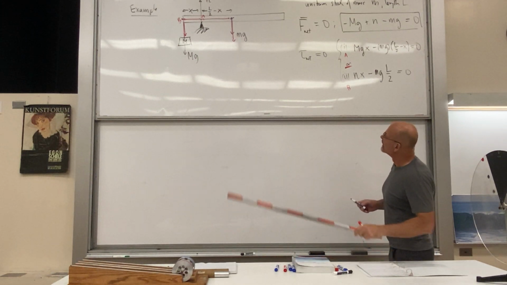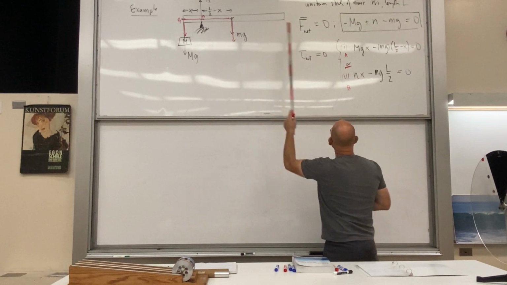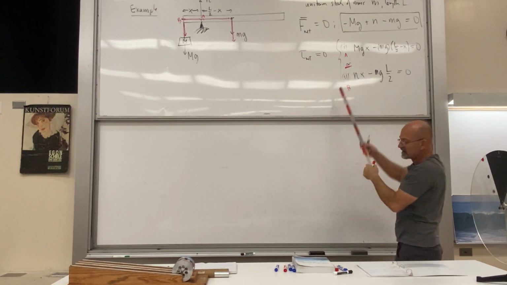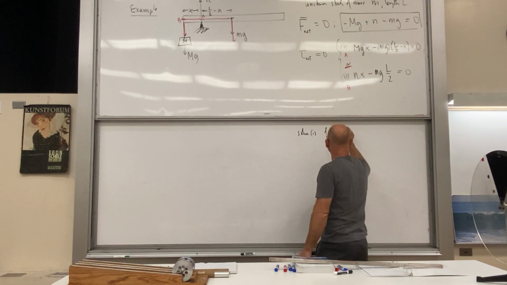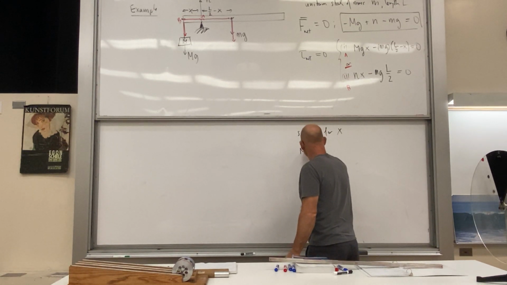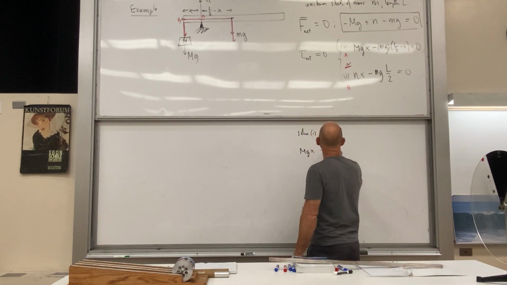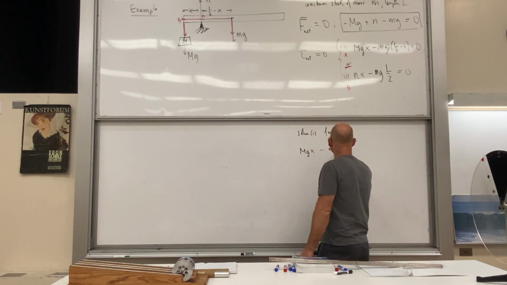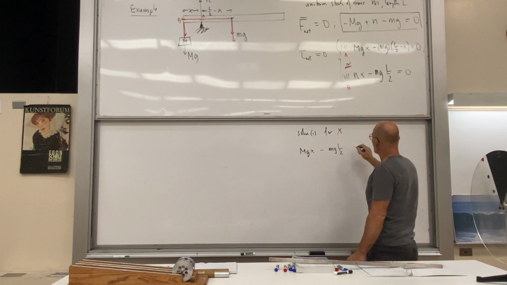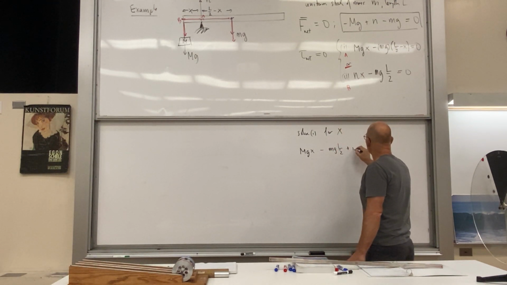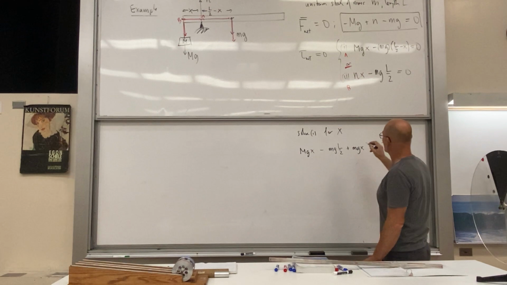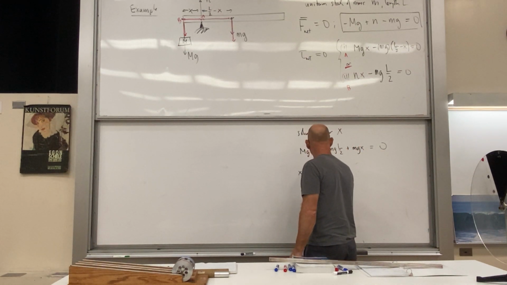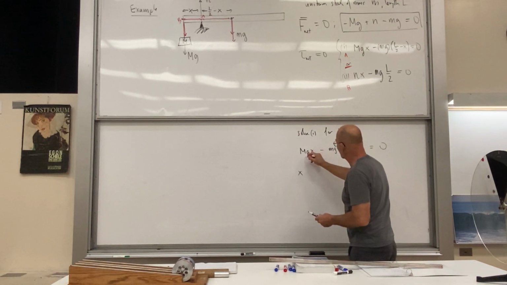Actually, you know what? Since x is an unknown up there, or just general, how about we solve this equation here for x first? Okay. So solve for x. So we have capital Mgx minus mg L over 2 minus x, a negative, plus mgx is equal to 0. Okay, so we have x, and by the way, the g's we can get rid of right away, they're common here.